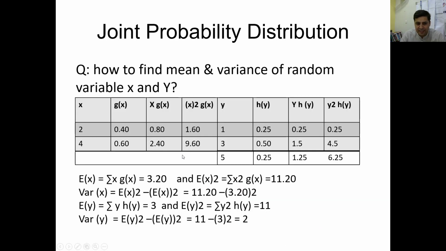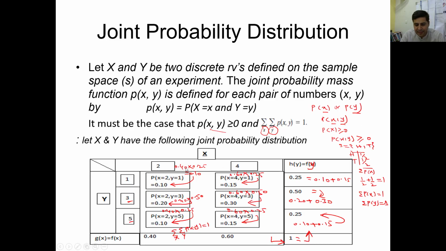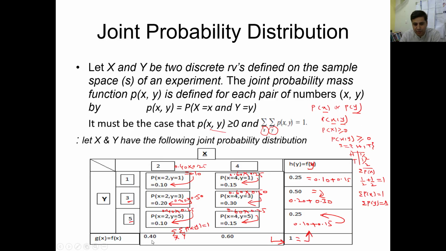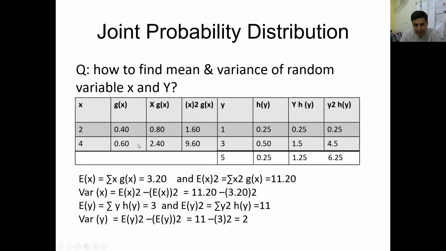Now in this example, because we have two random variables, the x elements are 2 and 4 and the y elements are 1, 3, 5. We just write their respective probabilities. When x is equal to 2, the probability g(x) was 0.40. When x was 4, the probability was 0.60.